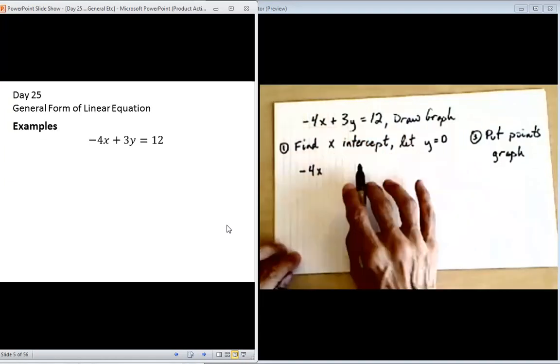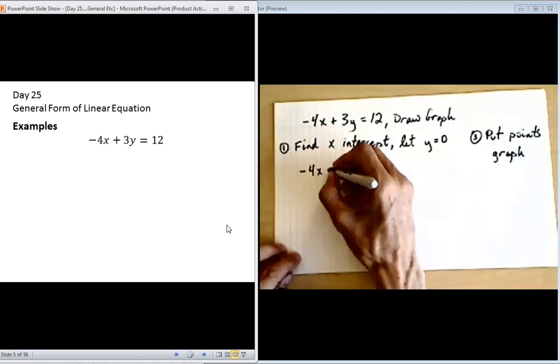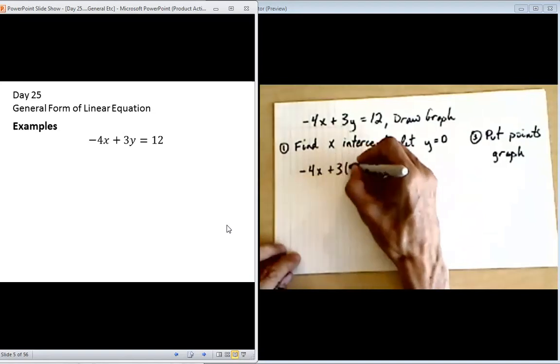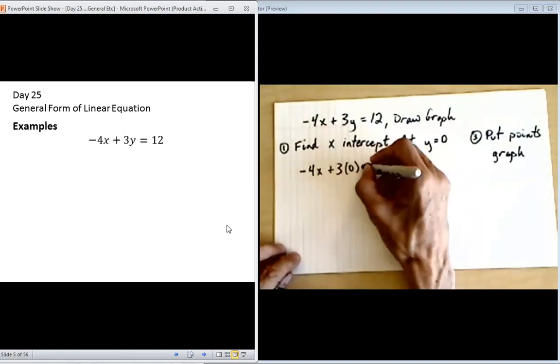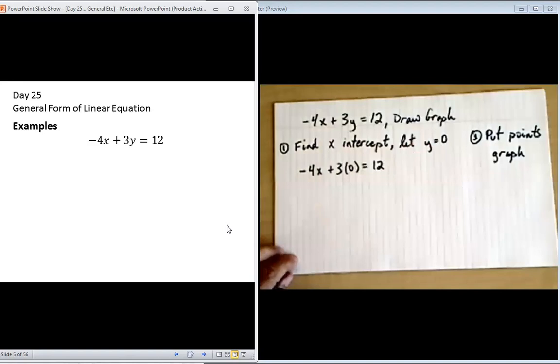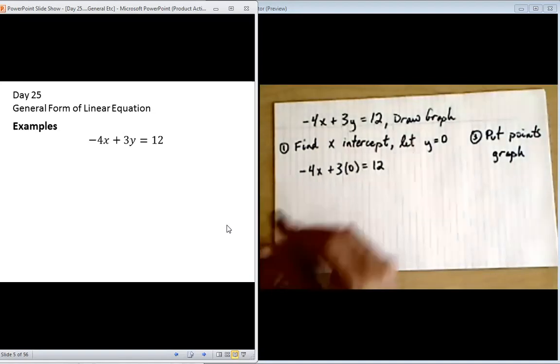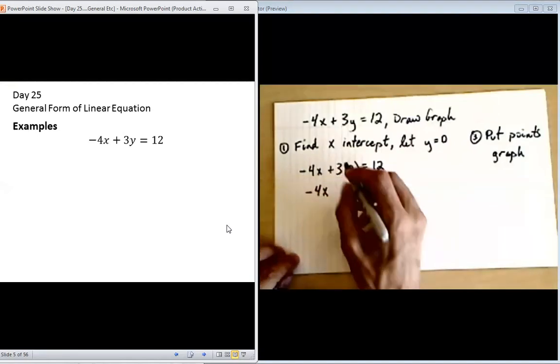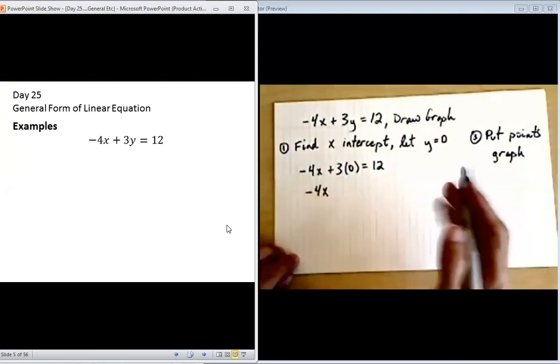Watch this. We'll let y equal 0. So where there's a y, we'll replace it. Exactly. Substitute in there. That's right, because 3 times 0 off to the side, 0, right?